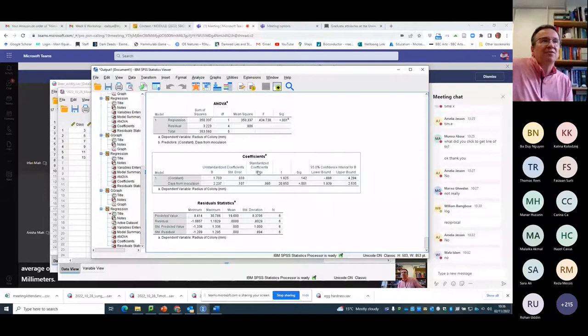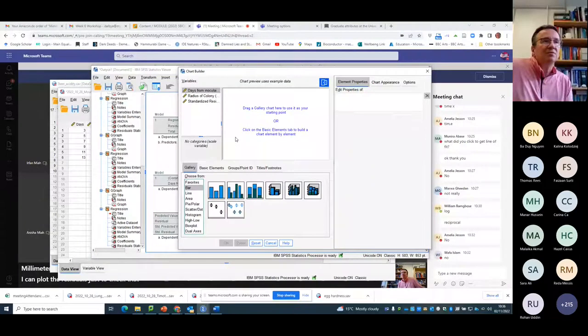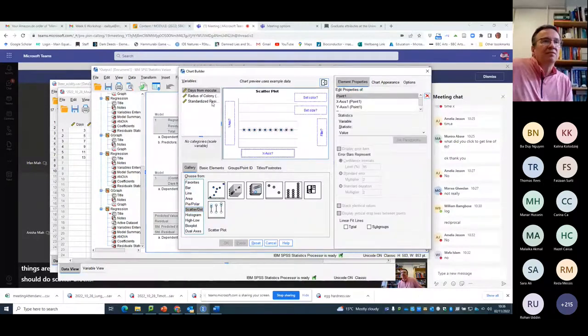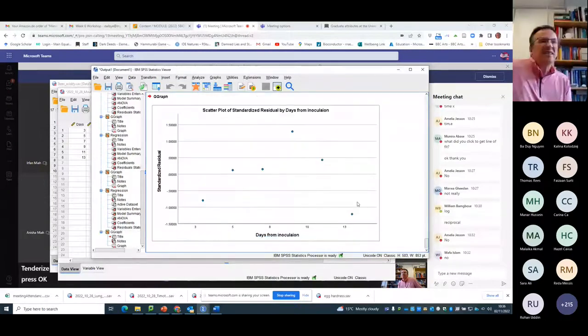I can plot the residuals just to check that things are behaving themselves as they should. Scatter plot. Drag in standardized residuals, days from inoculation. Press OK. Are they scattered around randomly? Kind of.